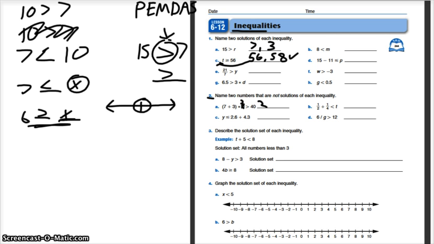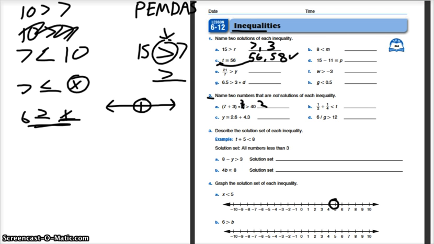So, for example, with x is less than 5, I want to put my circle where 5 is on the number line. Okay? I do not close it in. I don't color it in because 5 is not a correct answer. Then we need to draw a line in the direction of all the numbers that could make that statement true.